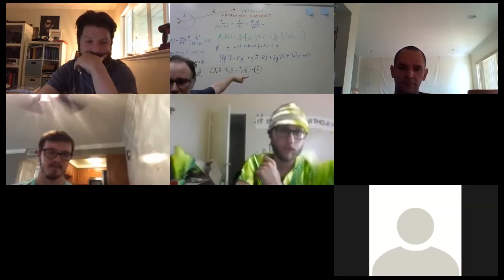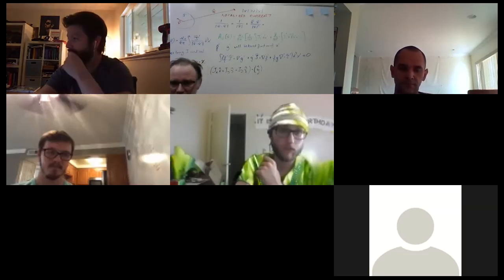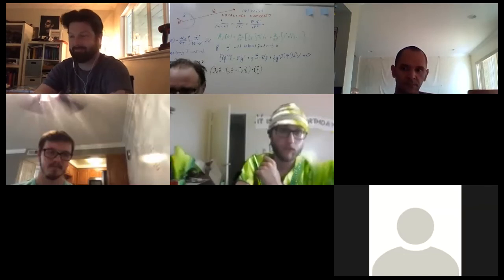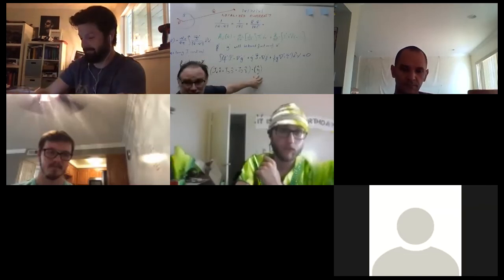It's 0. x dot y is 0. What about y dot y? 1. You can type in chat. So y dot y is 1, and z dot y is 0.